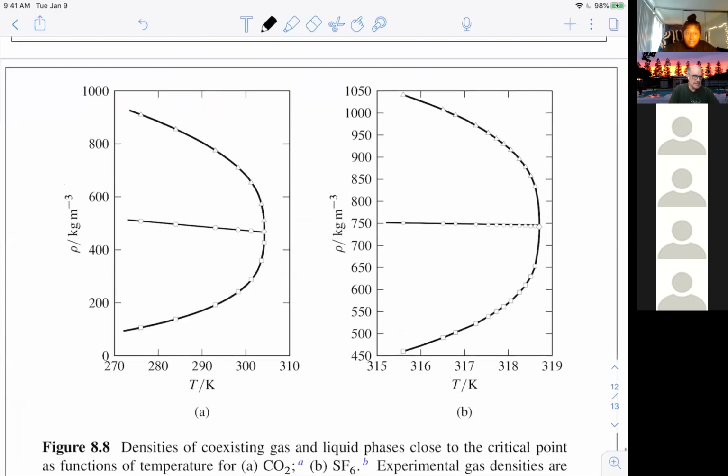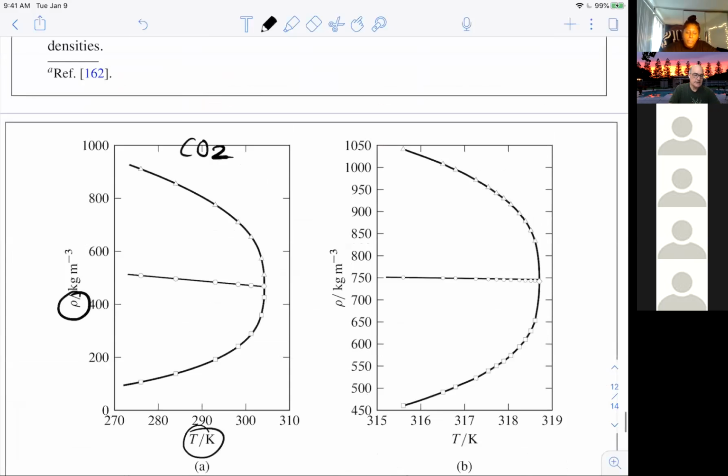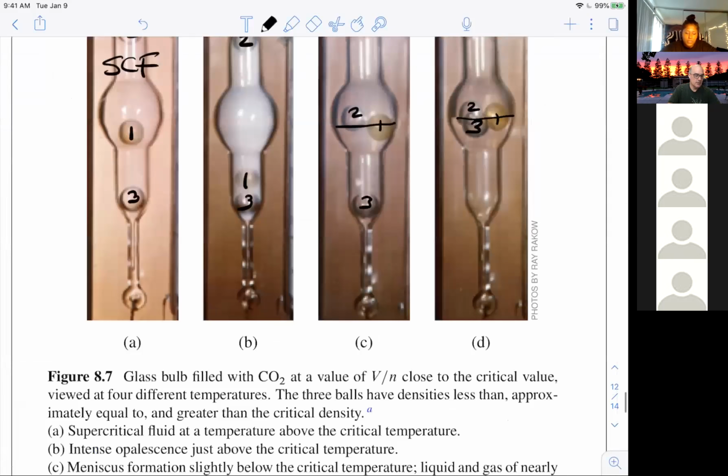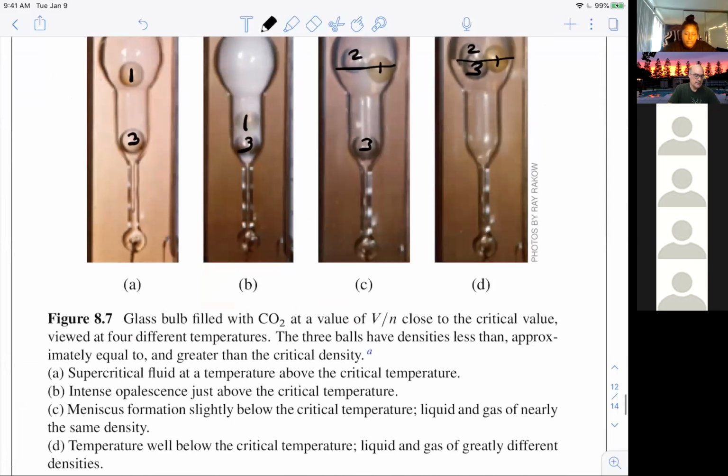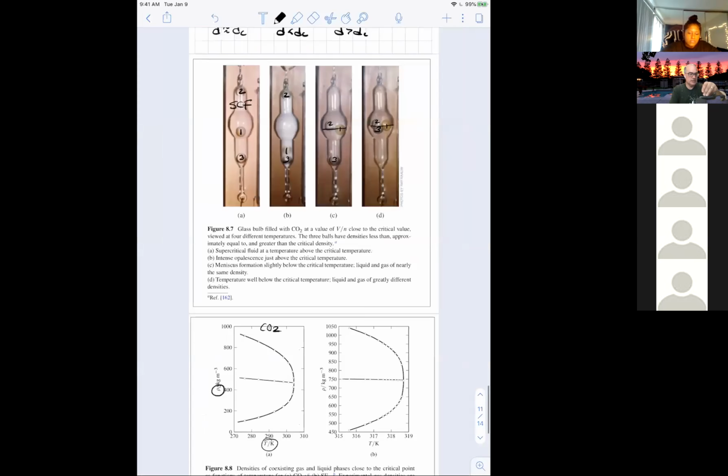Okay, so what are these? This on the left is a CO2 diagram, density versus temperature. If we relate this to our figures up here, A is above the critical temperature. So here's A out here. We just have a fluid.